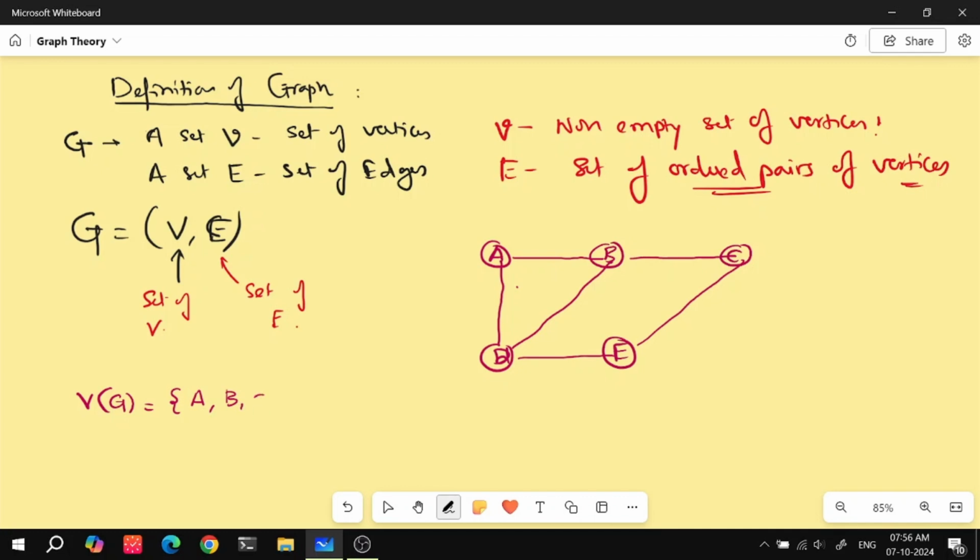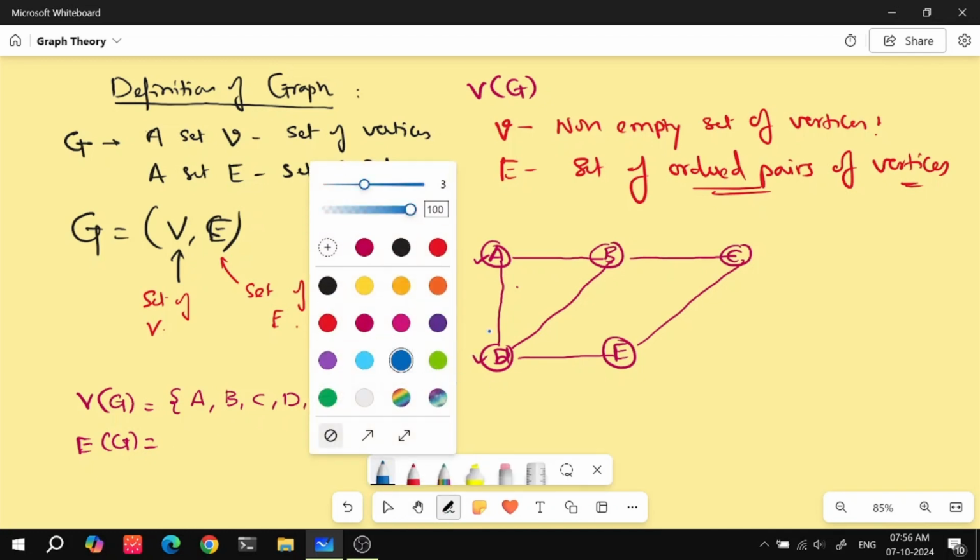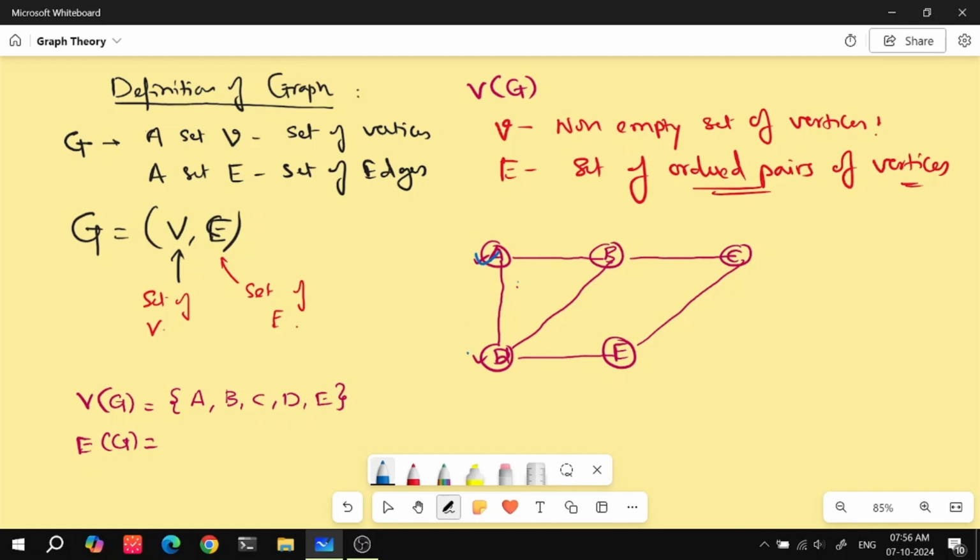A, B, C, D, and E. This is V of G, the vertices of the graph, and E of G is written as follows. See, there is an edge from A to B, right? There is an edge from A to B, and therefore I'll write it as (A, B).